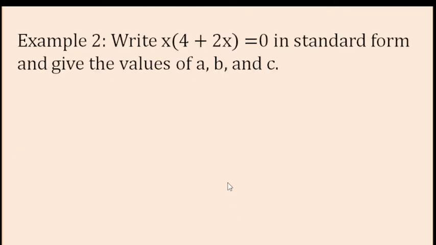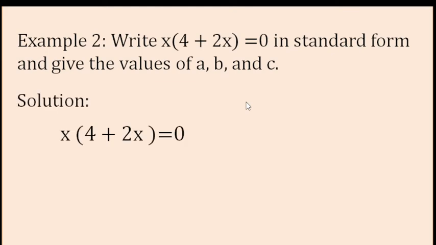Now we have another example here. Write x times the quantity 4 plus 2x equals 0 in standard form and give the values of a, b, and c. Actually, we can remove the parentheses by applying the distributive property of multiplication. First, we multiply x and 4, that's 4x.